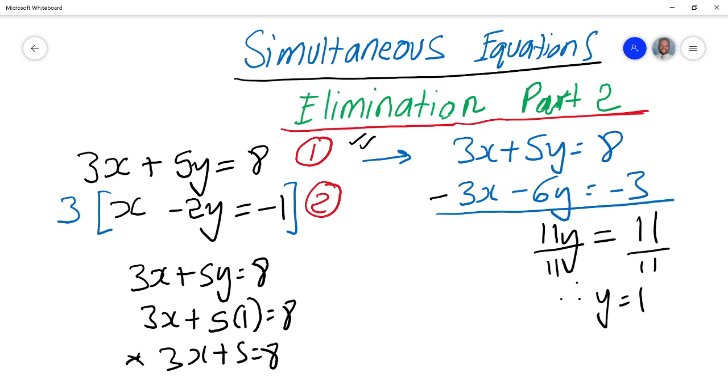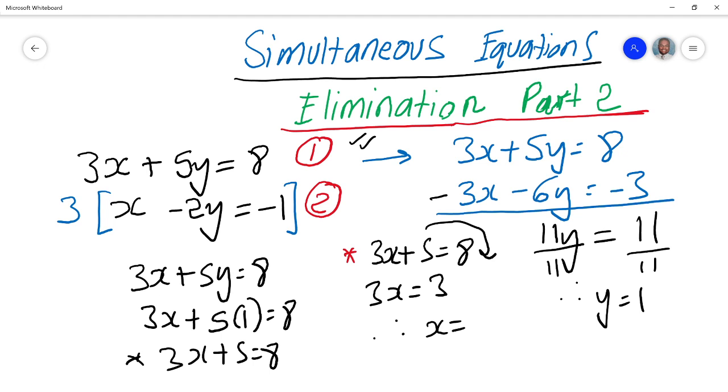So 3x is going to be 8 minus 5, which is 3, and therefore x is equal to 1. So we've got y is equal to 1 and x is equal to 1.